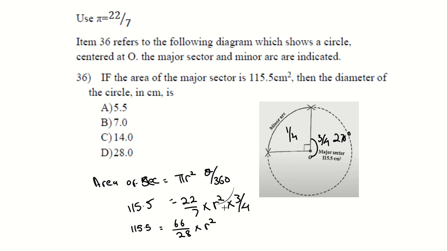So first off, I would say r squared is equal to 115.5 divided by 66 over 28, which is 115.5 over 1 multiplied by 28 over 66, equal to the radius squared, right?